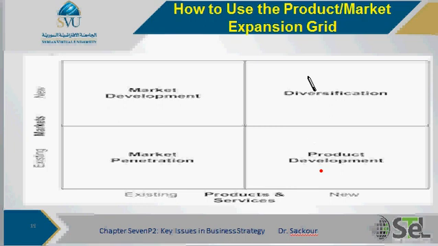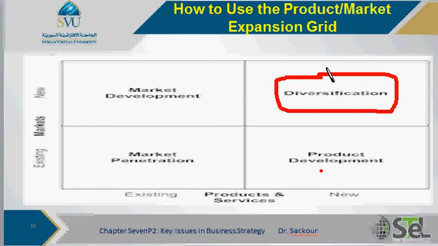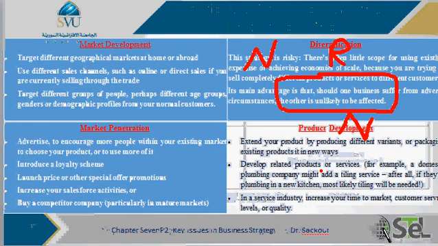Here, of course, the diversification stage is by the way the riskiest one, because you are entering a new market with a new product, and you have to be keen about your strategies and your penetration.